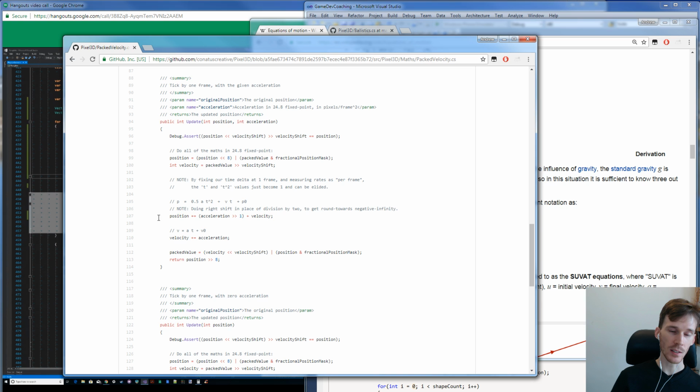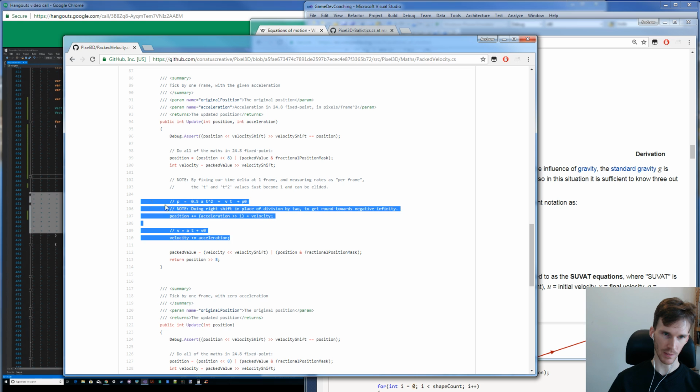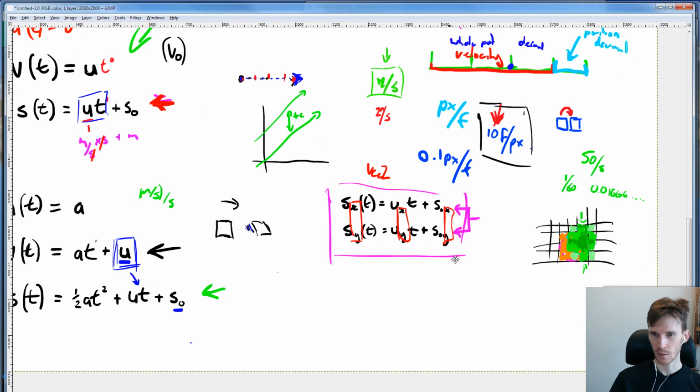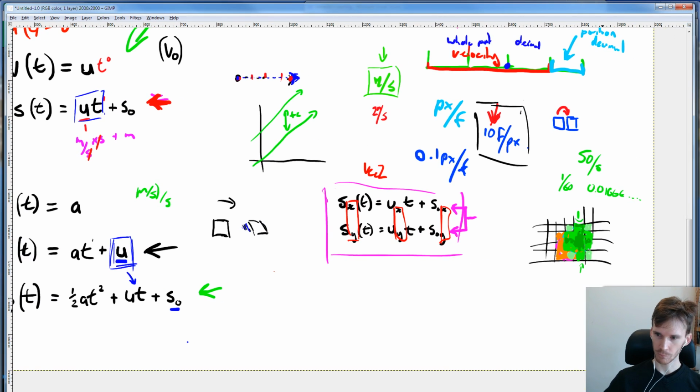And so this over here is what I was talking about. For example, there are actually more complicated ones of these that reduce error even further. But is this a standard thing, or is this something we only really are going to be doing with pixels per frame?